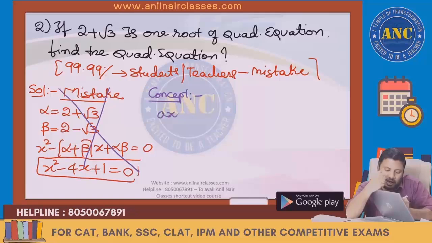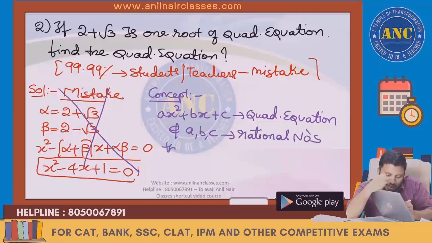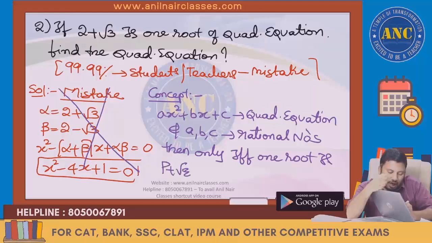Concept: ax square plus bx plus c. If this is a quadratic equation, and a, b, c are rational numbers, then only if one root is p plus root q, another root will become p minus root q.